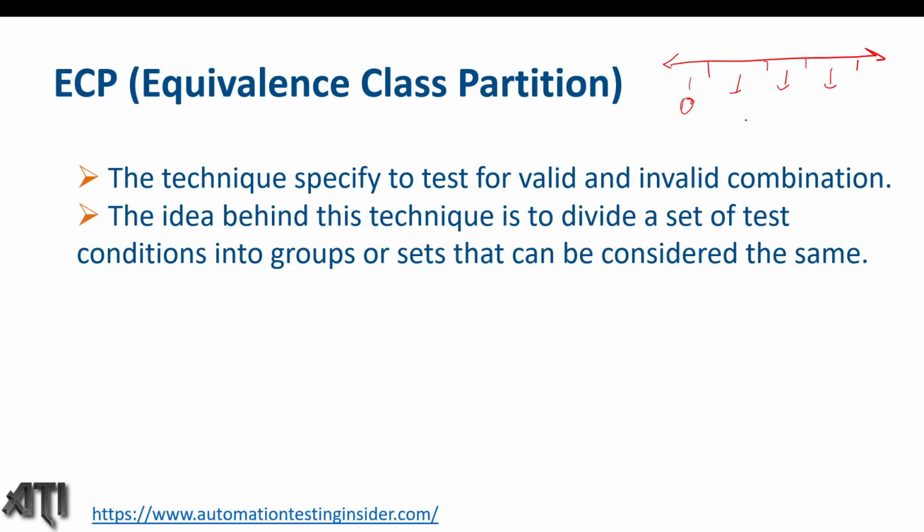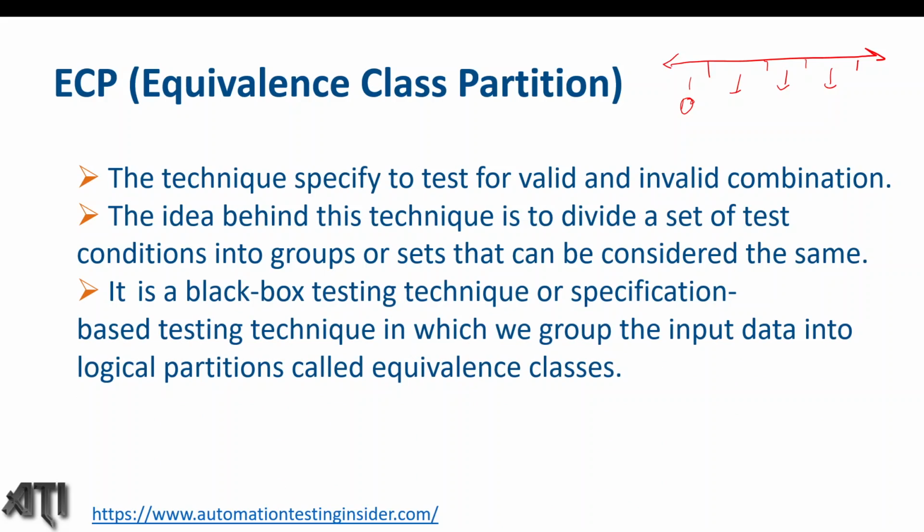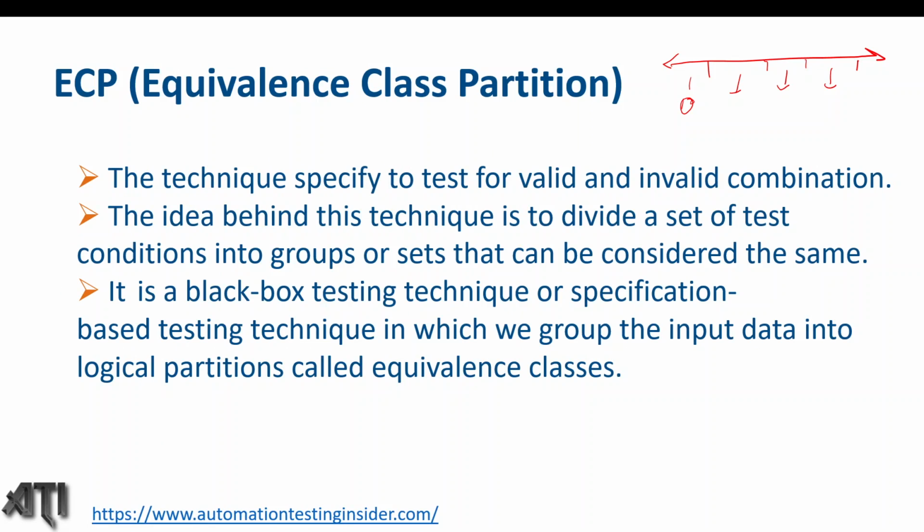I'll give you an example. It is a black box testing technique, or a specification based testing technique, in which we group the input data into logical partitions called equivalence classes. So suppose you have an input field which takes values from 1 to 500.